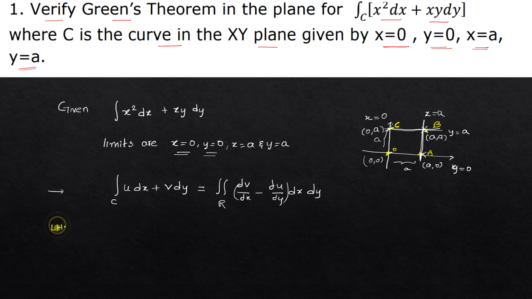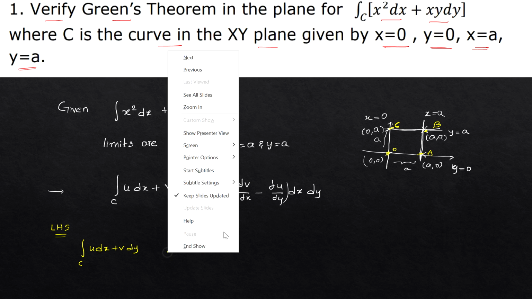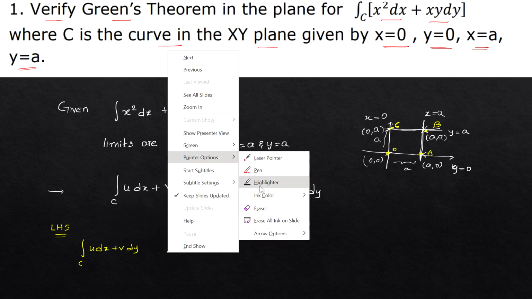So for LHS, that means integral over the closed loop C u dx plus v dy. Okay, so it is the formula, but the given question is x square dx plus xy dy. So let me write that. No need to write the formula again and again.